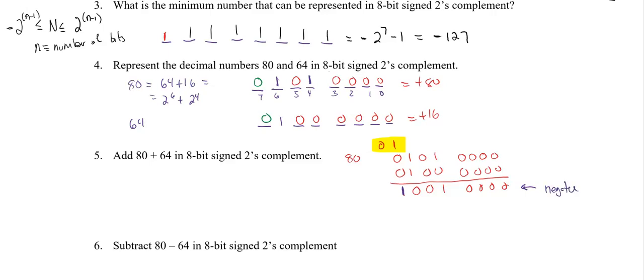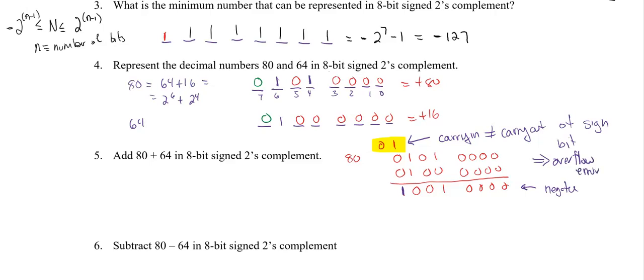So what we have here is an overflow error. If our carry in is not equal to the carry out of the sign bit, then we have an overflow error.